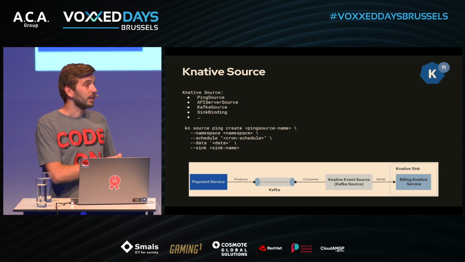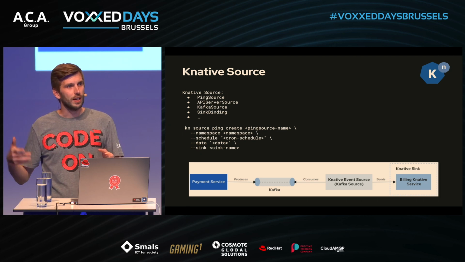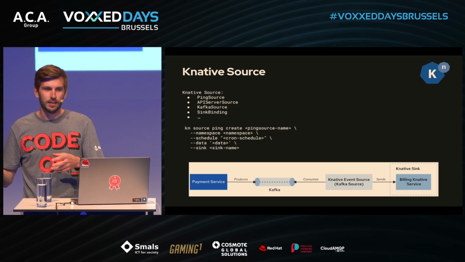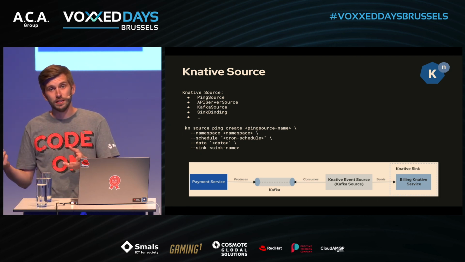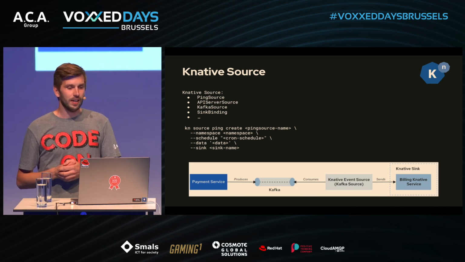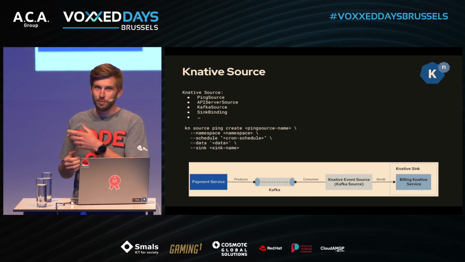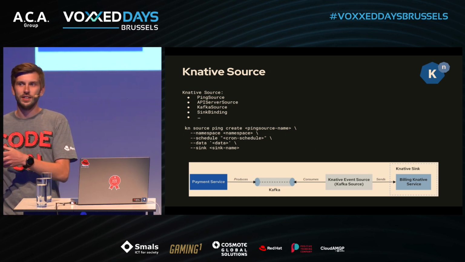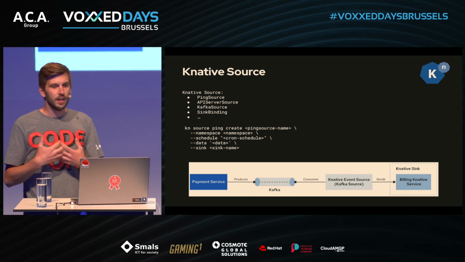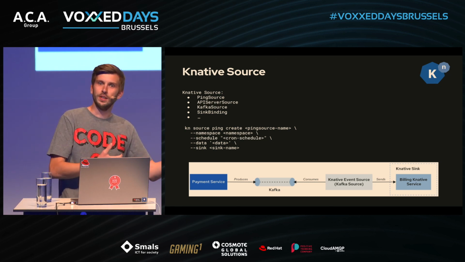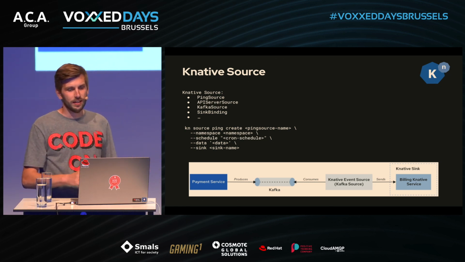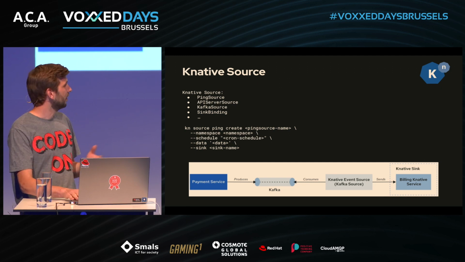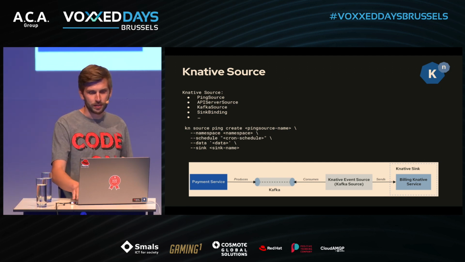There is an API server source which looks for API calls in Kubernetes and generates an event on those. And there is a Kafka source, which Maarten will use, which listens to a Kafka topic and then generates events on those. So this actually allows you to integrate with an already existing Kafka in your environment.